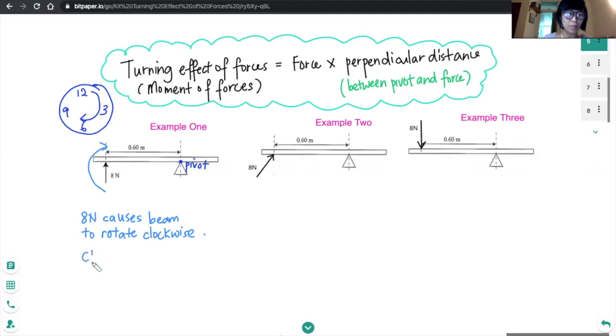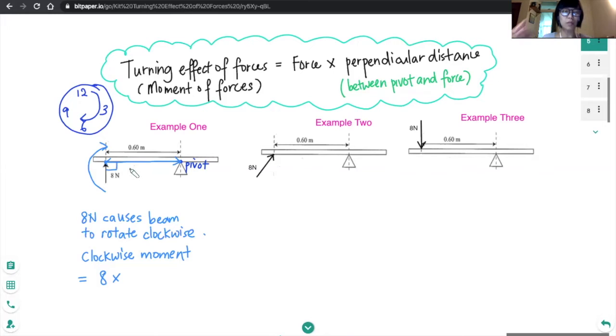So how do we calculate the moment? Clockwise moment due to the 8 Newton will be equals to the force multiplied by its perpendicular distance from the pivot. As you can see, the 8 Newton is 0.6 meter from the pivot. And this will be your perpendicular distance.